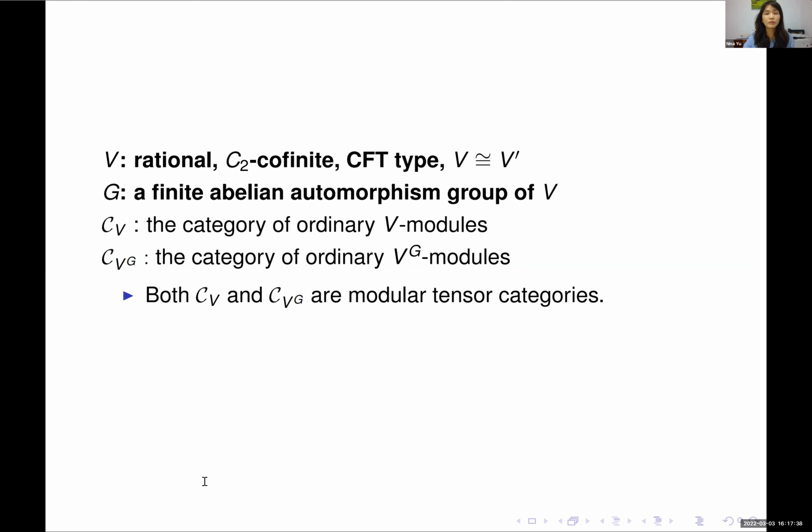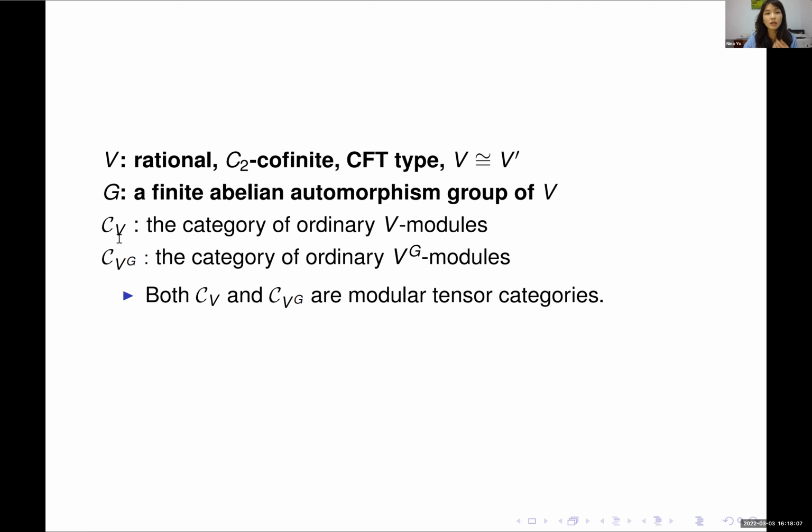Okay, so from now on, we are always going to assume that the VOA we are considering is rational, C2-cofinite, CFT type, and self-dual. In particular, we are going to consider G, a finite abelian automorphism group. Actually, we are going to consider the case that G is generated by a certain element, so it is a cyclic group, and hence an abelian group.